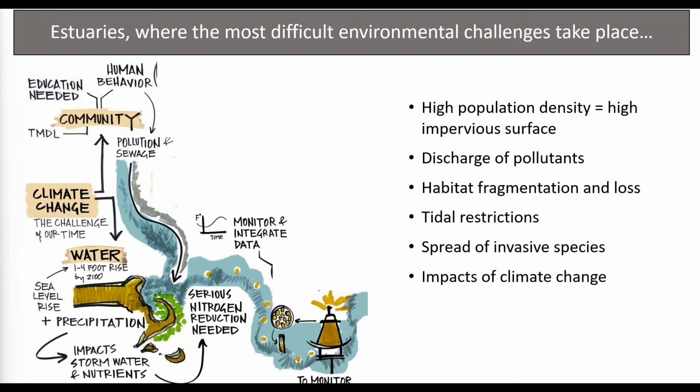Many estuaries tend to be densely populated and are often impacted from anthropogenic conditions such as wastewater and stormwater discharge, tidal restrictions, habitat loss and fragmentation, and where the impacts of climate change, such as increased storms and flooding, are most felt. MassBays is home also to almost 30% of the population of Massachusetts, living in 50 communities that vary from highly urbanized to rural in parts. Next slide, please.